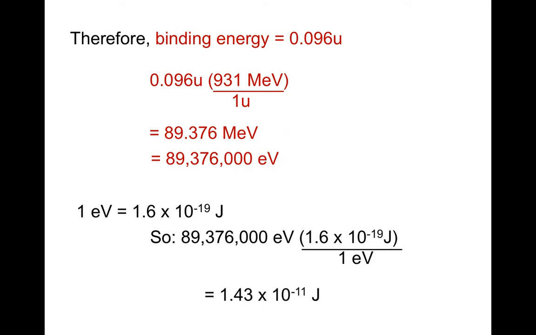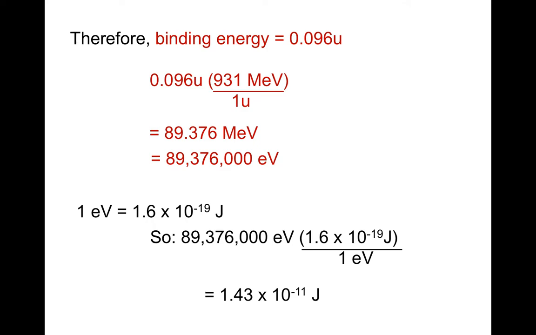If I just take the mega out, right, that means times 10 to the 6. So I get 89,376,000 electron volts. And then typically you will be asked to convert that to joules, right? So I did that here for you. 1 electron volt, again, on the front of your reference table, is equal to 1.6 times 10 to the negative 19 joules.